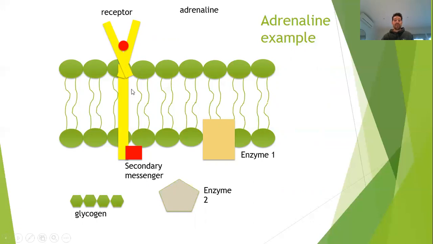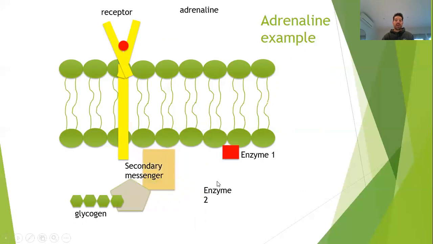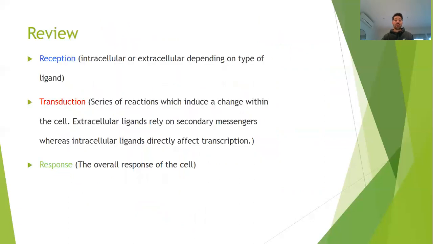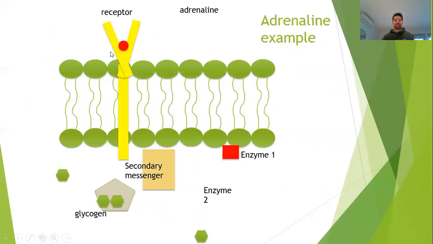We then have secondary messengers, which keep activating a whole wide range of enzymes within the cell. And eventually, that enzyme is going to break down glycogen into smaller sugars. That would be the overall response. So we had reception, transduction was the activating of secondary messengers, and our overall response was to break down glycogen.